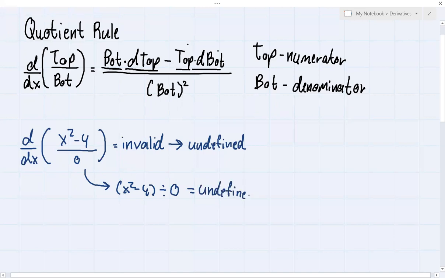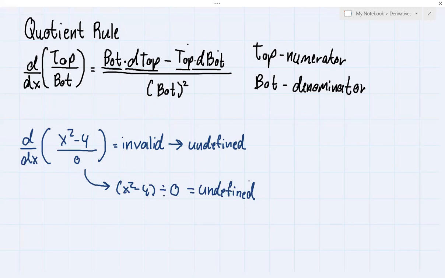So, 1 divided by 0, 2 divided by 0, wala. Undefined yung sagot mo. Therefore, sa fraction, make sure yung denominator mo ay hindi 0. Because if there would be, then ang sagot mo ay invalid. Because it will result to undefined answer or results. Okay? Because you cannot divide anything by 0.